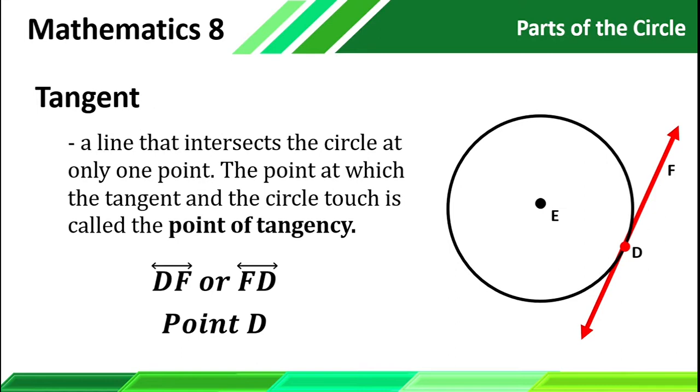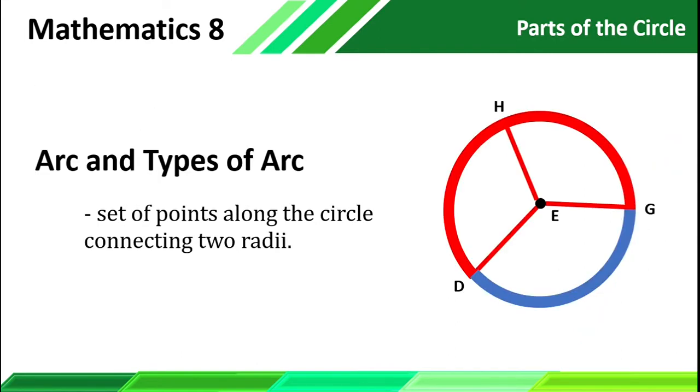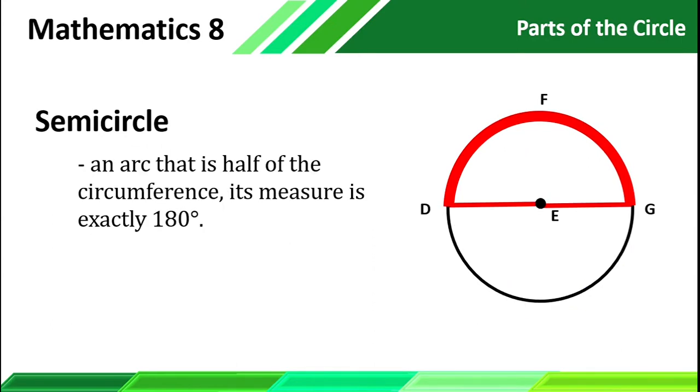Now, we also have arcs and types of arc. When we say arc, it is a set of points along the circle connecting two radii. By the way, radii is the plural form of radius. So, first arc is what we call semicircle.